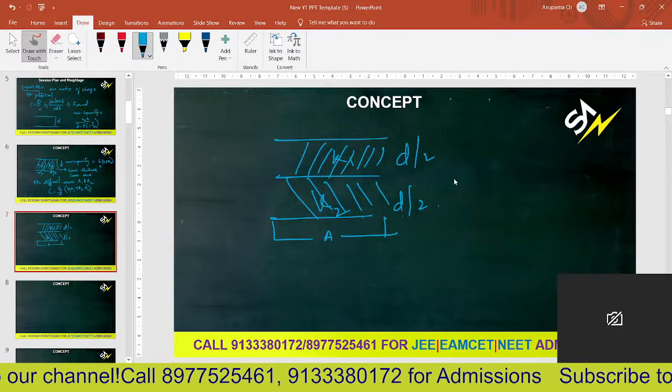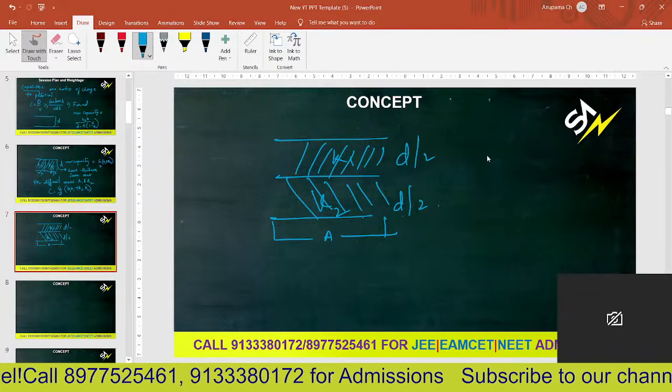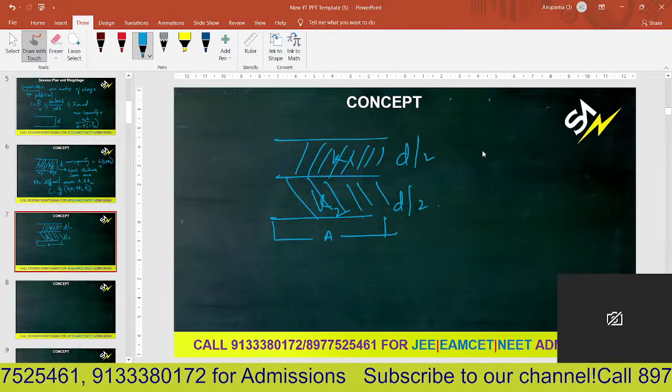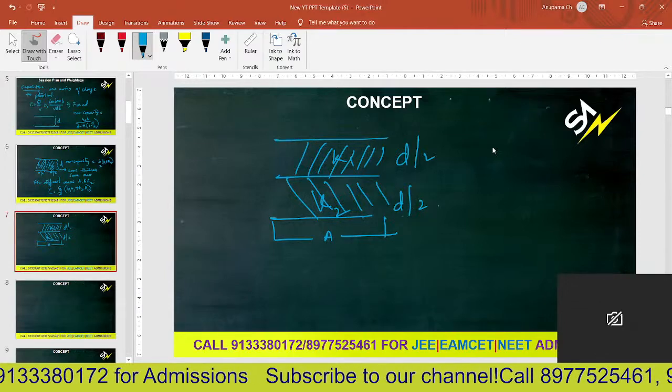In such cases you are introducing the slabs horizontally. In the previous case we introduced them vertically, side by side. Here it is up and down, so d is changing; the distance between the two plates is now divided.